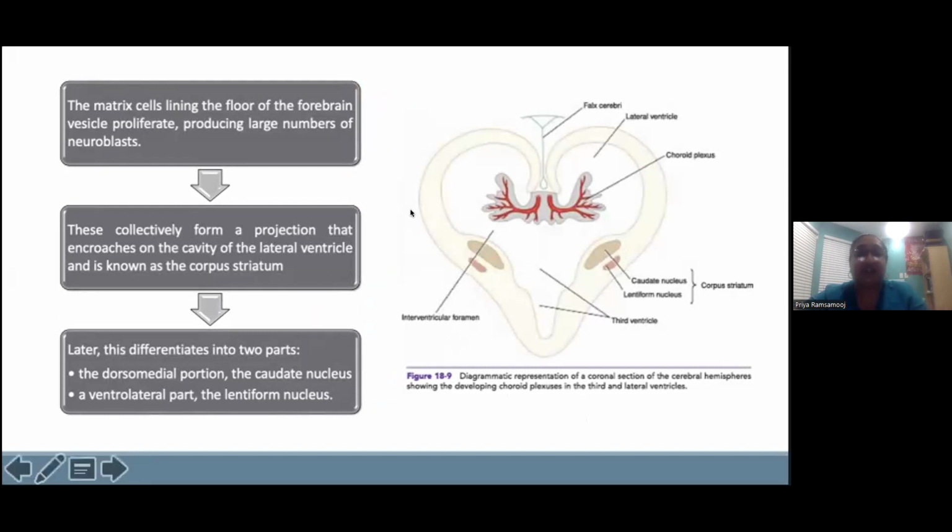These proliferate and produce neuroblasts. And then collectively, they form a projection that encroaches on the cavity of the lateral ventricle, known as the corpus striatum. These later differentiate into two parts: your dorsomedial portion, the caudate nucleus, and your ventrolateral part, the lentiform nucleus.